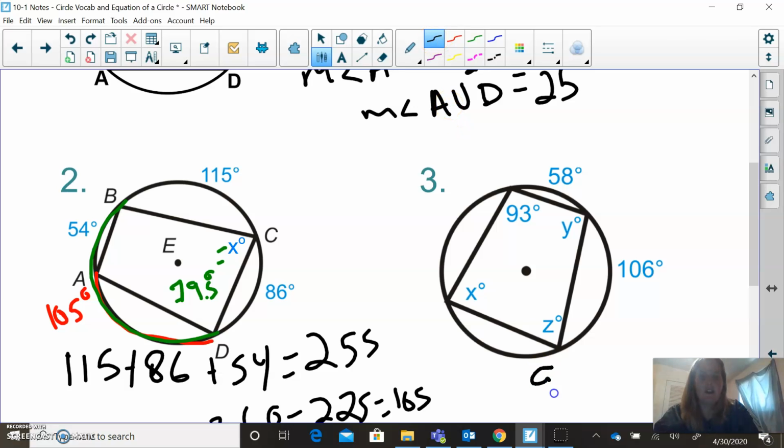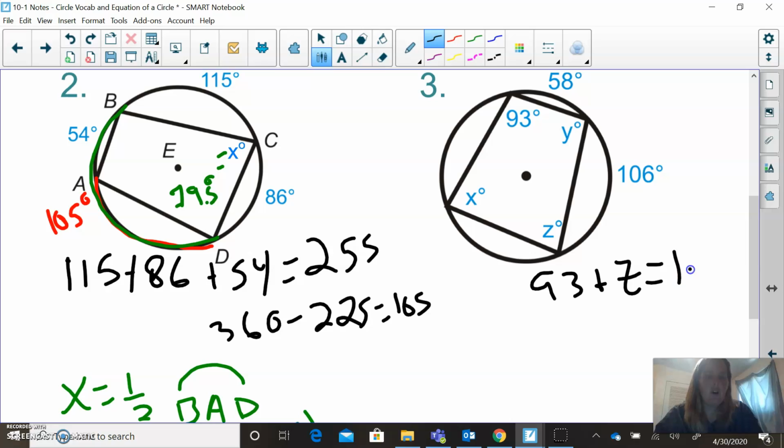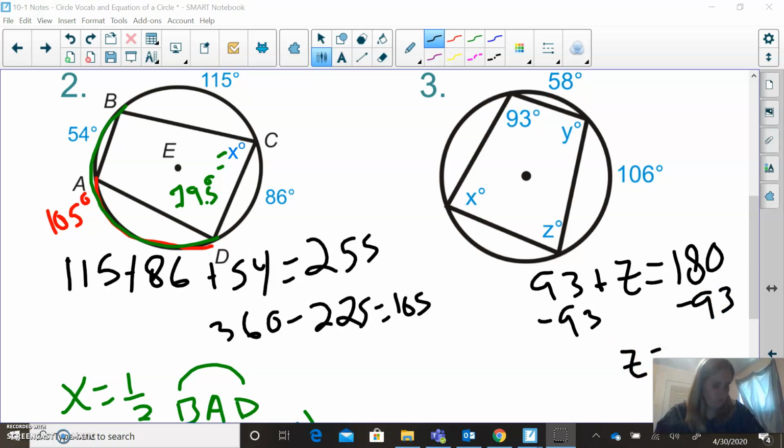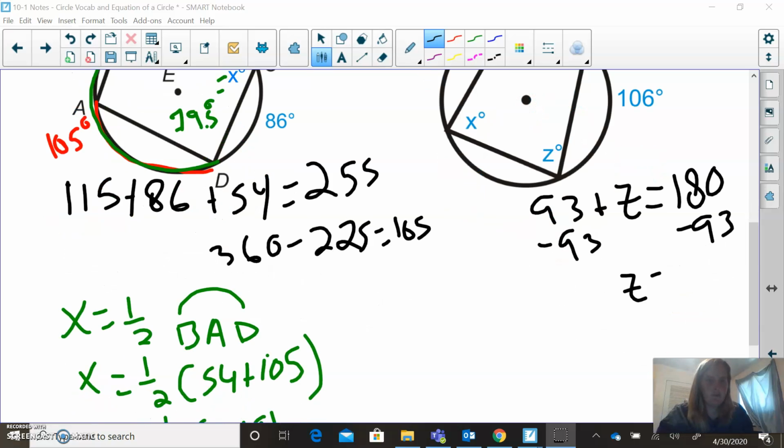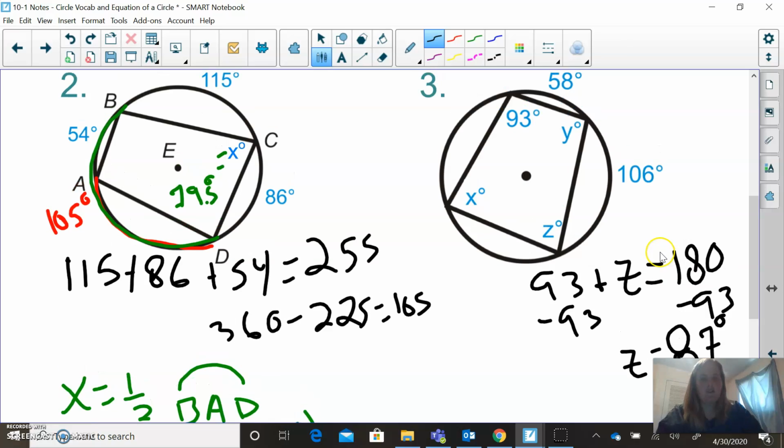So we can say 93 plus z is equal to 180. And you're going to do the same thing. You're going to subtract out 93 on both sides. And z is equal to 87 degrees. Boom. Okay, so z is 87.